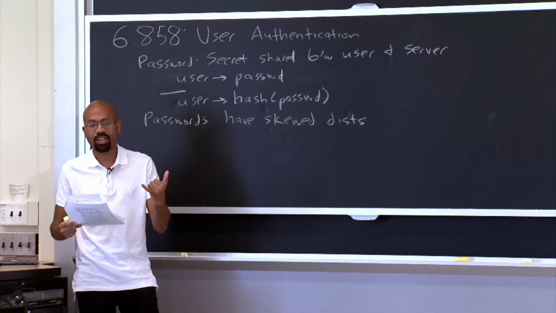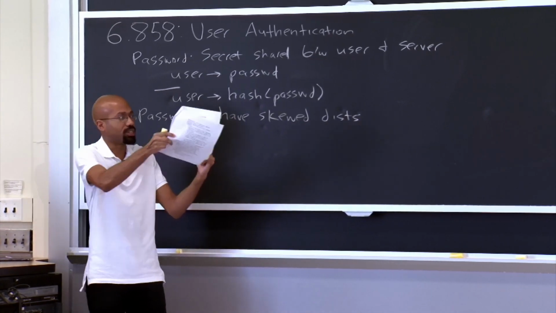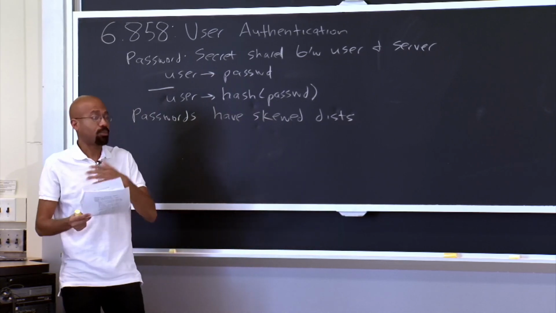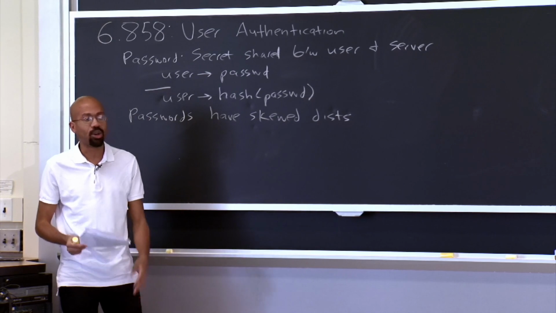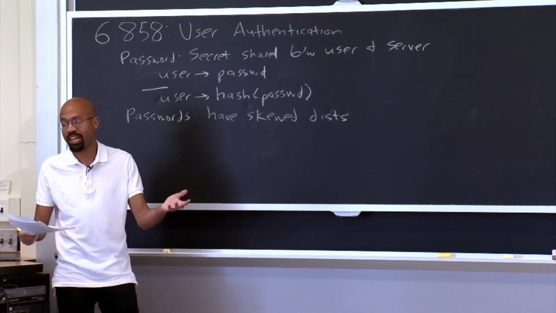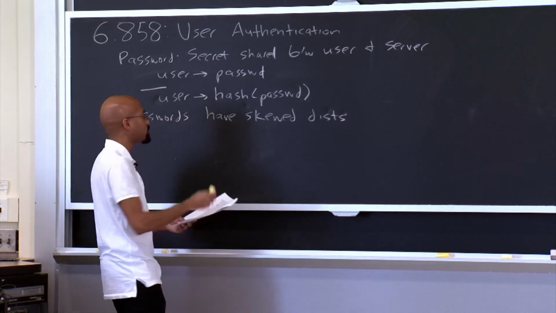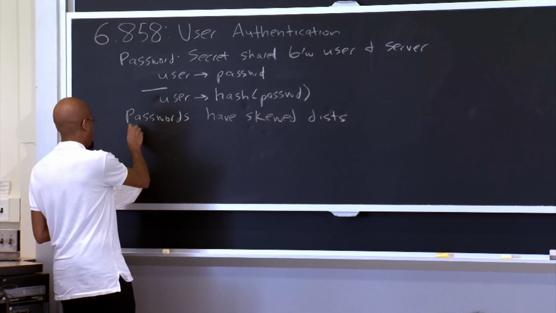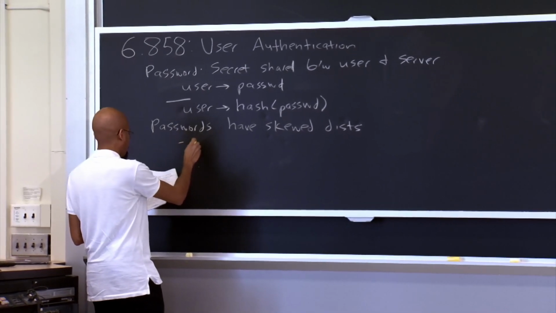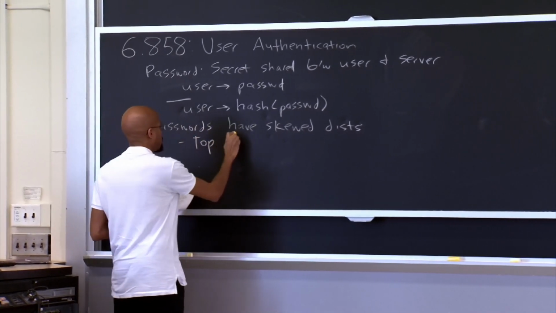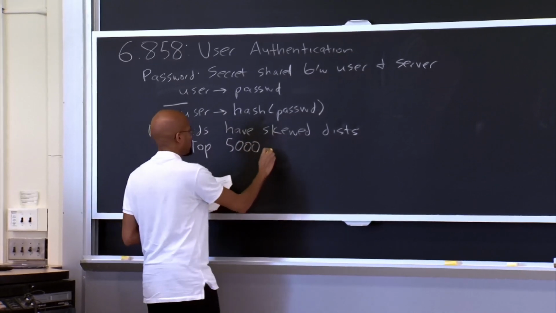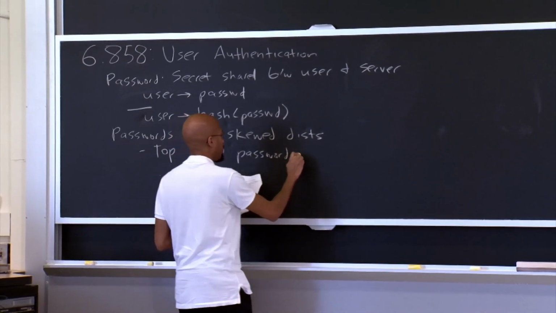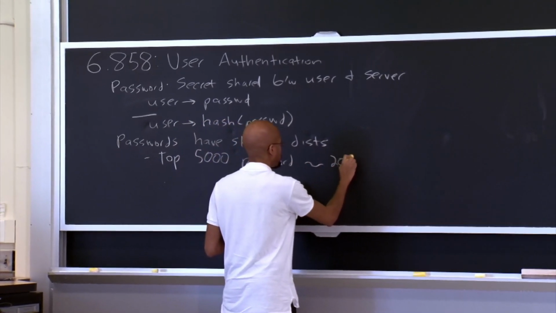It's not like users actually pick passwords that exist in all places in that space of possible characters. In practice, people pick passwords like 1, 2, 3, or Todd, or things like this. In fact, there have been empirical studies of how passwords work, and a lot of times these studies find things like the top 5,000 passwords cover about 20% of users.